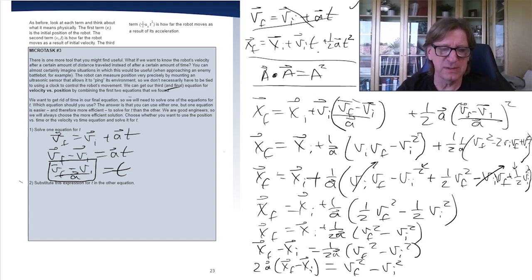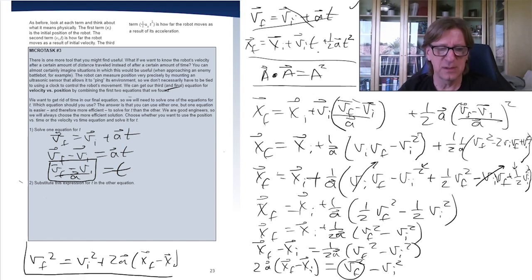So I'm going to write this down here at the bottom. So I get vf squared is equal to positive vi squared, because I brought my negative to the other side, plus 2a times xf minus xi. And this is my position versus time equation.